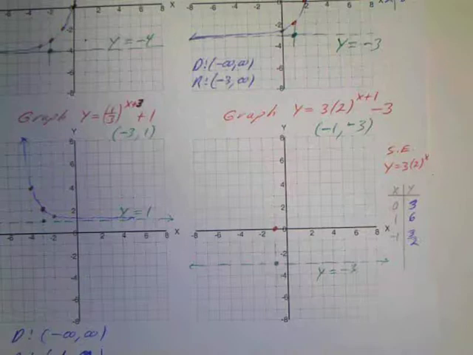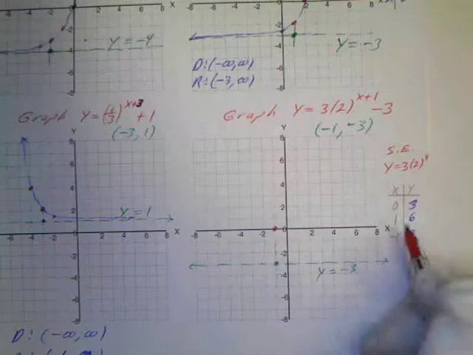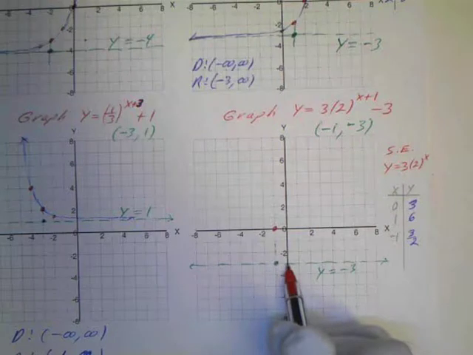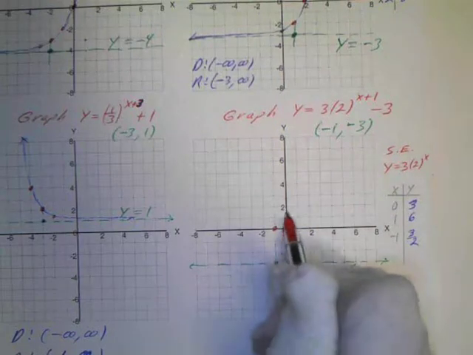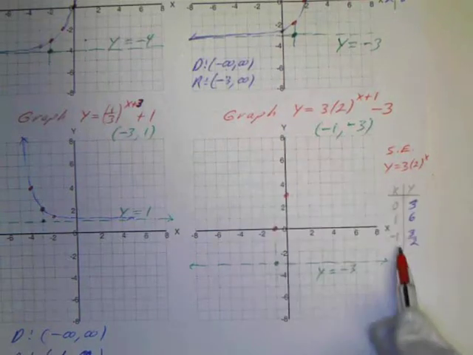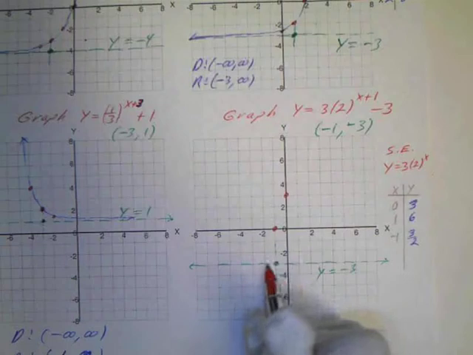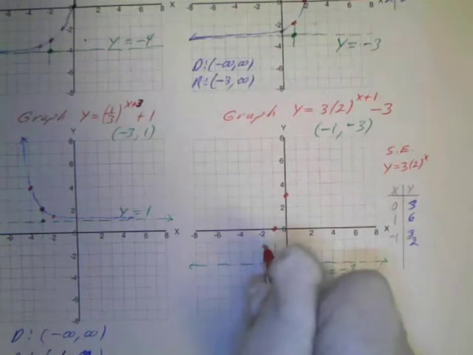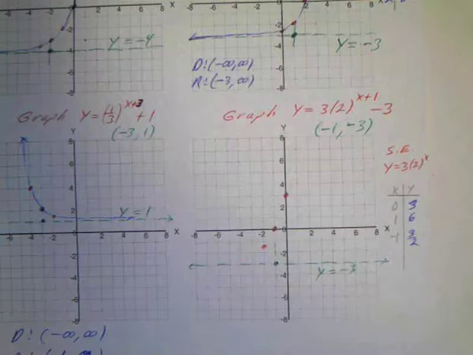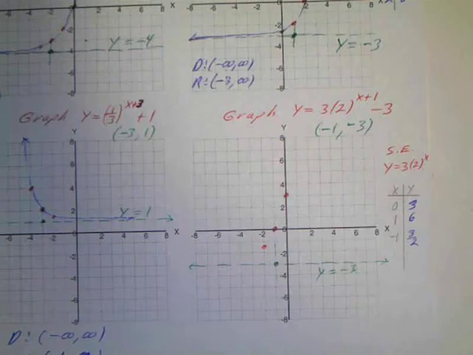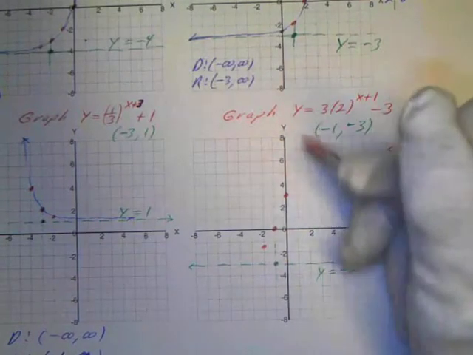So from this reference point, or from this new 0, I'm going to go 0, 3, 0, 1, 2, 3. So my shape's going to be quite a bit different. Then I'm going to go over 1 from my new 0, and I'm going to go up 6. And then I'm going to go to the left 1, I'm going to go up 3/2, or up 1 1/2. So there you go. Now this is going up pretty fast over here, so I don't think I'm going to get a point to the right.